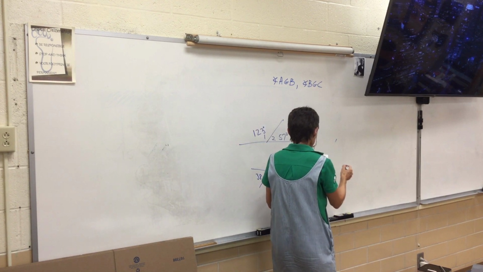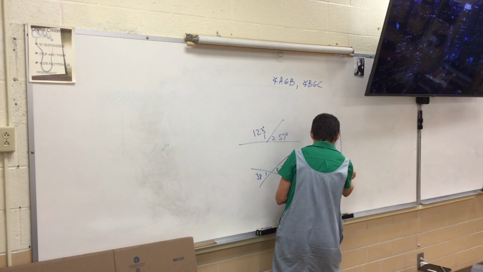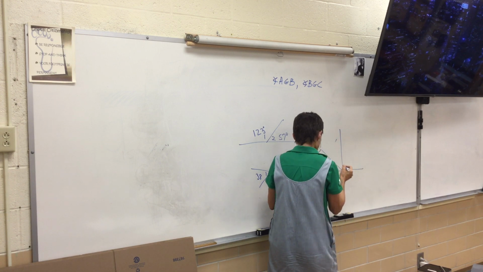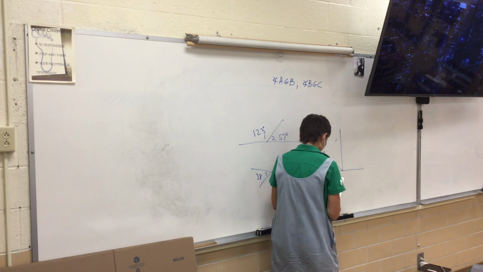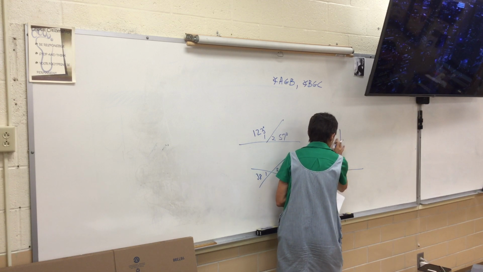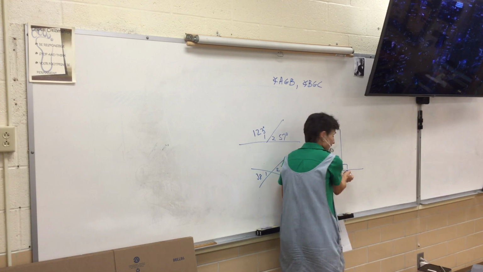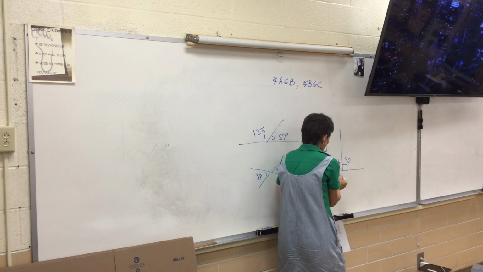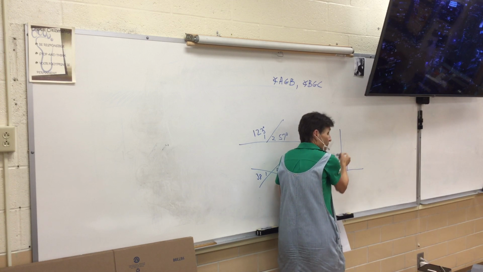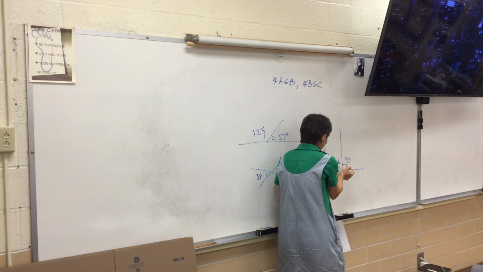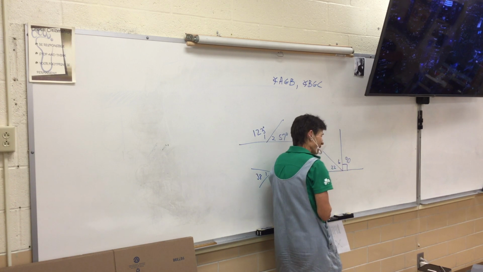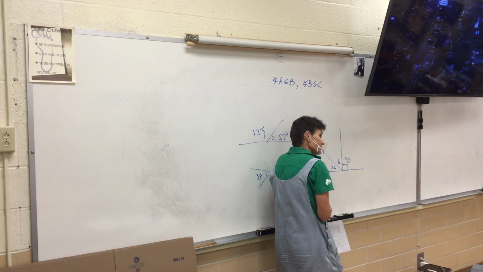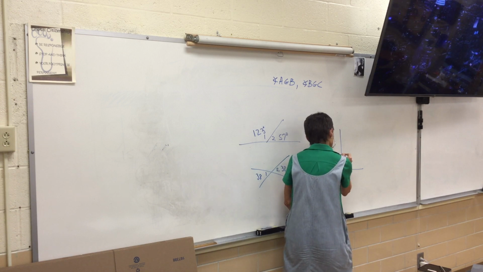All right, number 9. Now, there's a lot going on in this problem. They tell me that this one's 22. And what do they tell me about this one? What does that 90 mean? 90 degrees. That means this whole thing is 90, which means that one is what? 68?